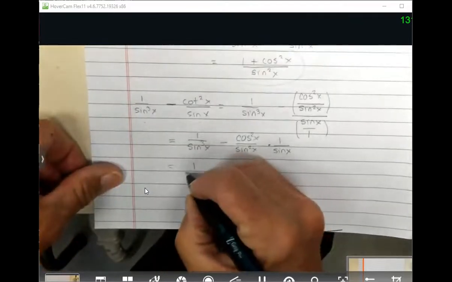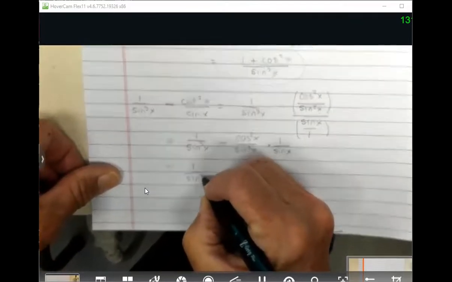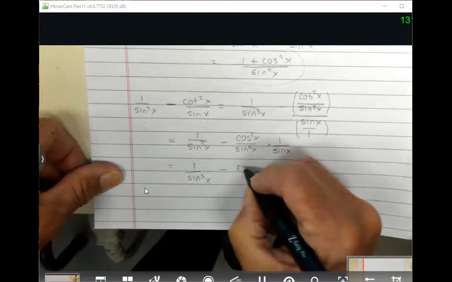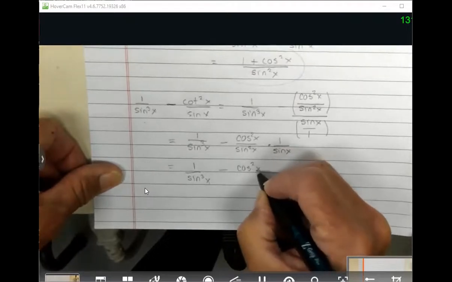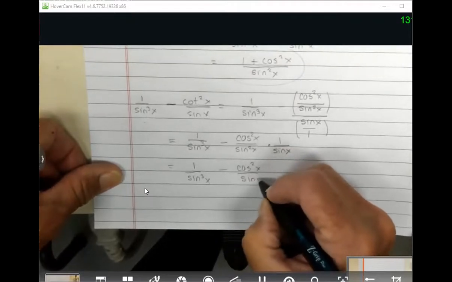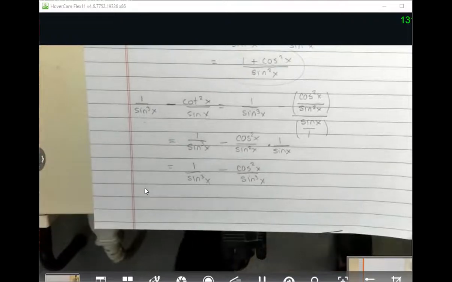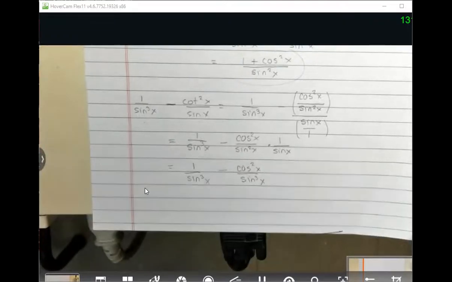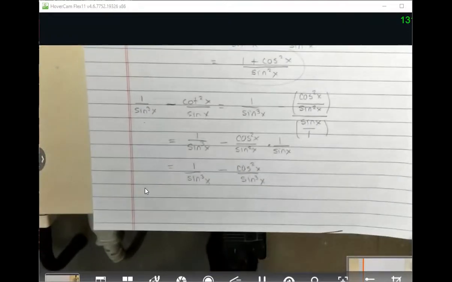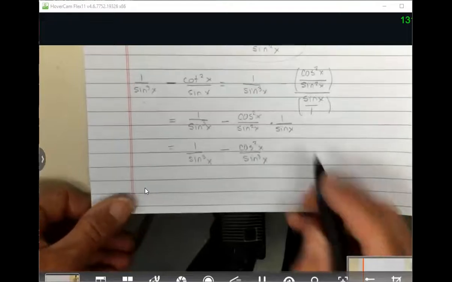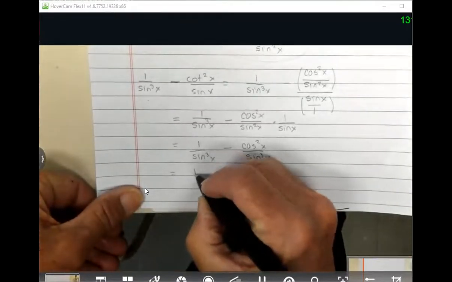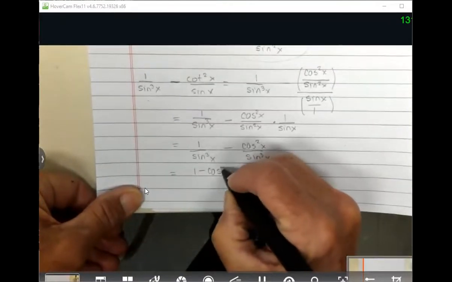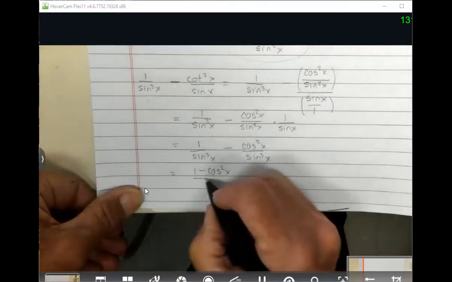So I have 1 over sine cubed of x minus the cosine squared over the sine cubed of x. And now I have a common denominator, so I can make that into a single fraction. And so I can make it look like 1 minus cosine squared of x all over sine cubed of x.